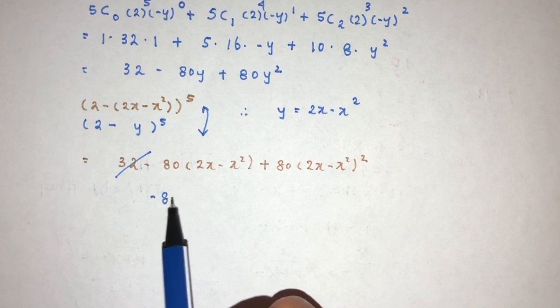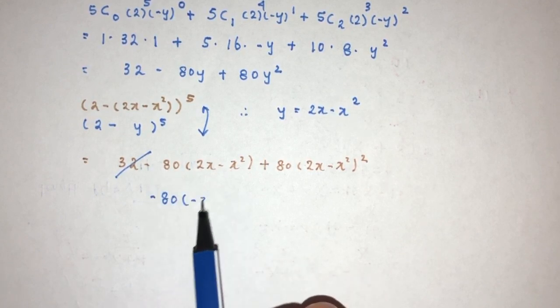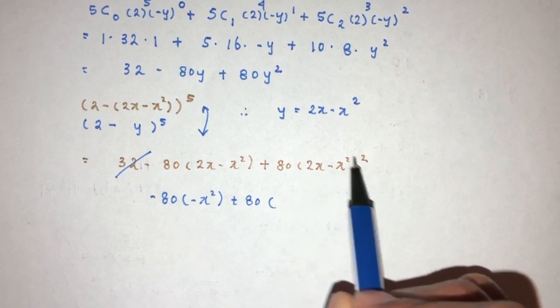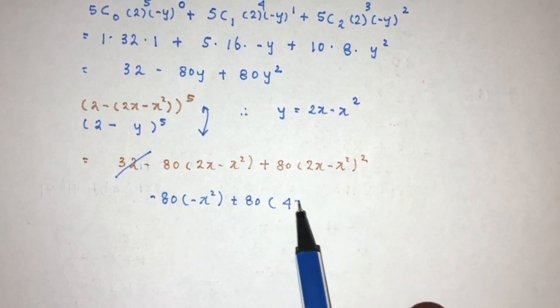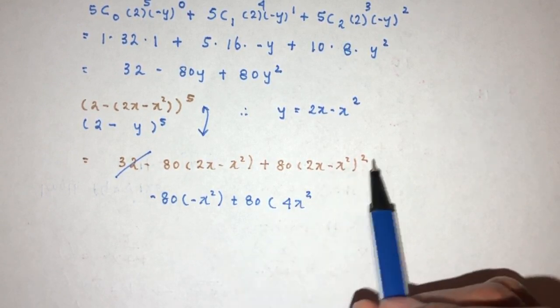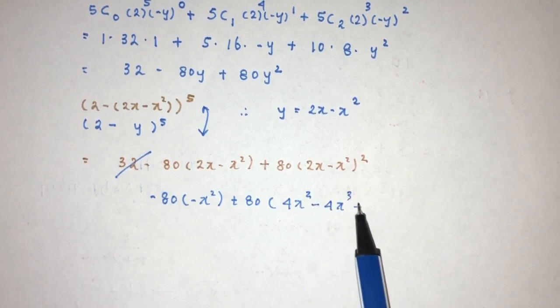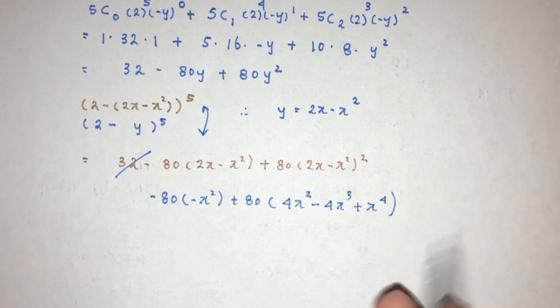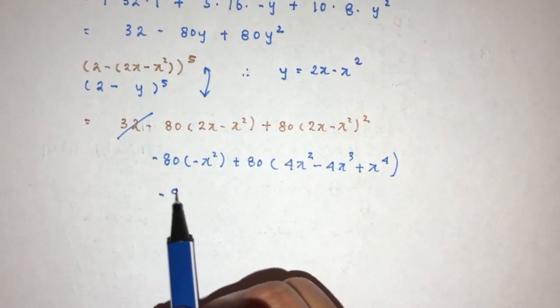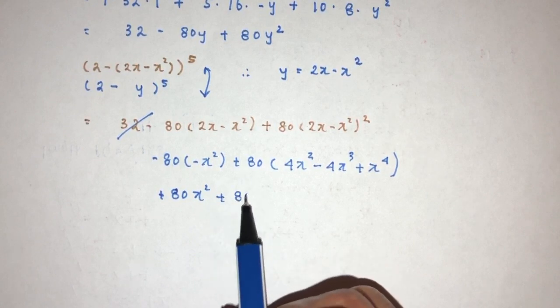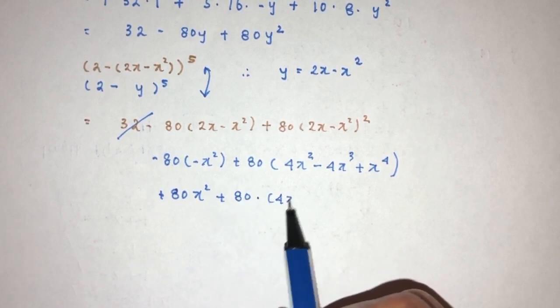Here we have minus 80 times this one, and here we have plus 80 times which one? Let's expand this. You will have 4x squared, and then minus 4x cubed plus x power 4. So obviously, to have the term in x squared only, that should be plus 80x squared plus 80 times 4x squared.